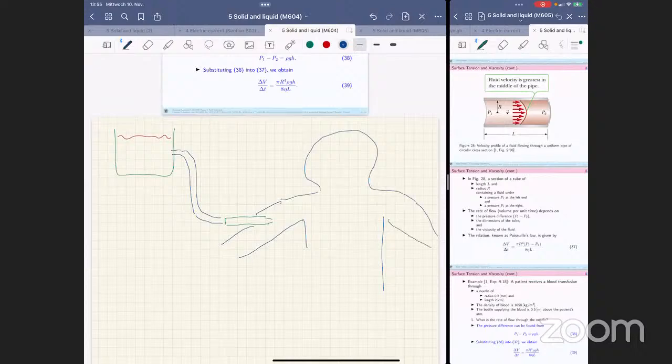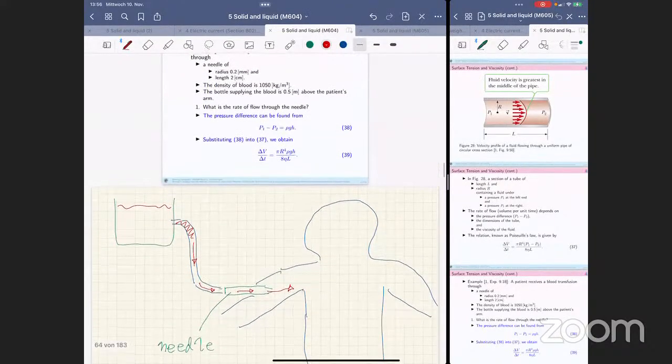This person, and this is the needle, right? So the blood, which is the red one here, is going to flow like this. It's going to flow through the needle and move into the patient's body.